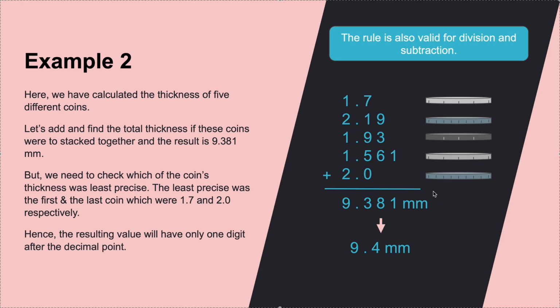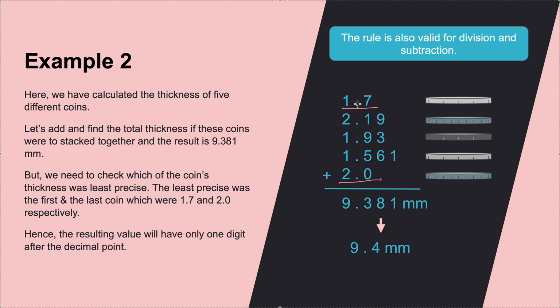Now looking at these 5 coins, we can say that the first coin, 1.7, and the fifth coin both have the least precise values, having only two significant figures.